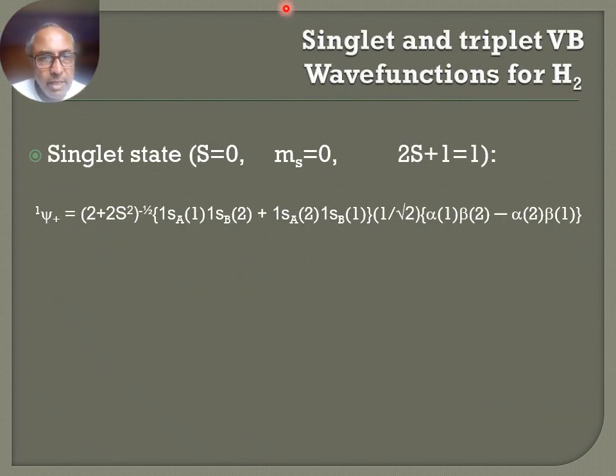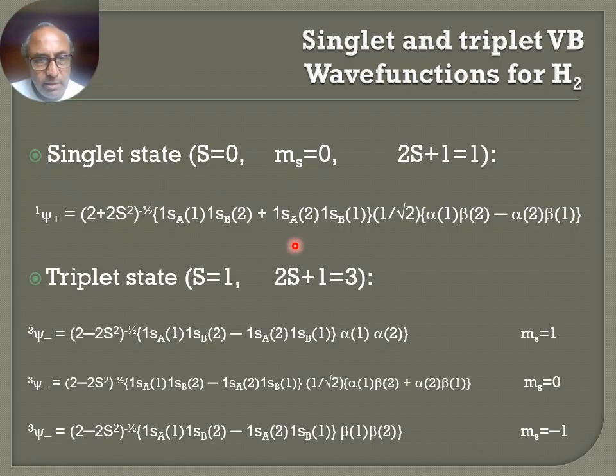So to summarize, the wave function for the singlet state, that is S equal to 0, Ms equal to 0, 2S plus 1 equal to 1, is given by the symmetric combination of the orbitals with the antisymmetric combination of the spins.